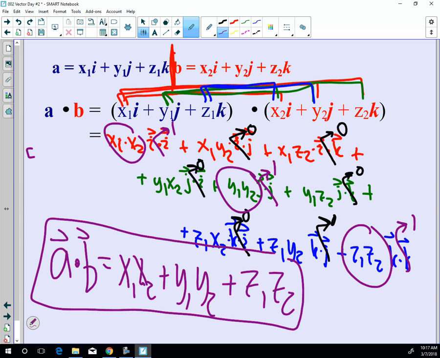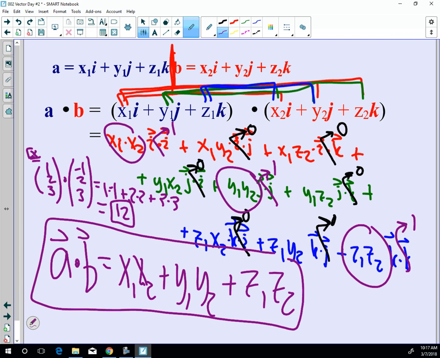Or for an example, if you had 1, 2, 3 dot negative 1, 2, 3, you're going to get 1 times negative 1 plus 2 times 2 plus 3 times 3, which is just going to be 4 and 9 is 13 minus 1 is 12.